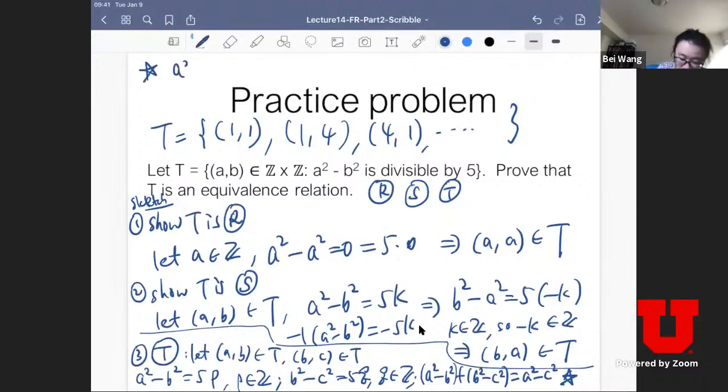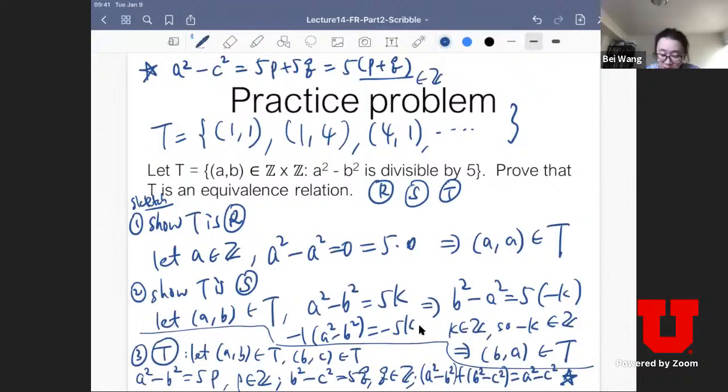So a squared minus c squared is equal to 5p plus 5q, which is 5 times (p plus q). Because both p and q are integers, by the closure property of integers, p plus q is also an integer. So a squared minus c squared is equal to 5 times some integer, which means it is divisible by 5. So this implies (a, c) is part of the relation T.